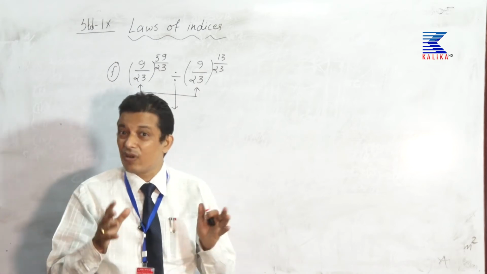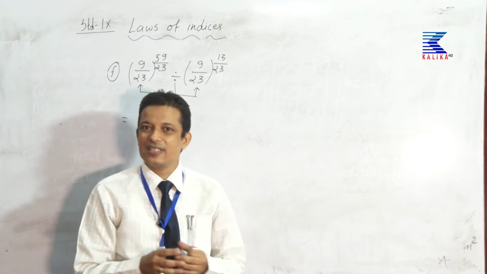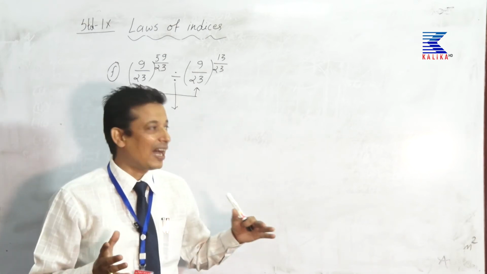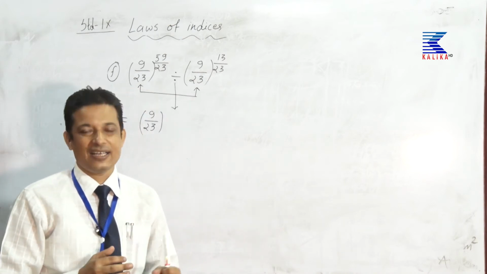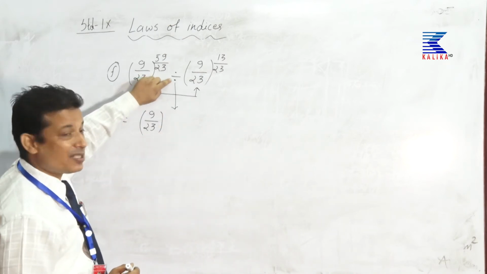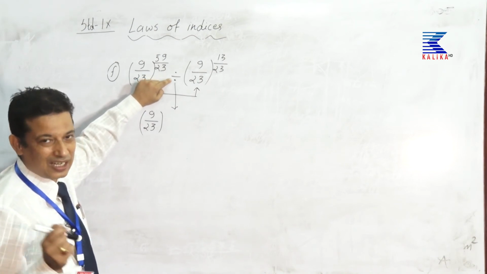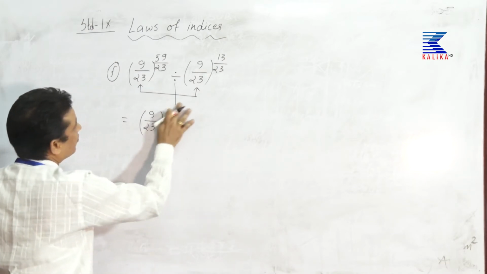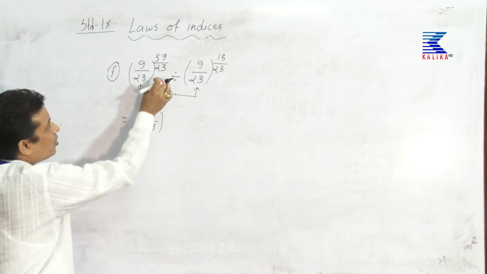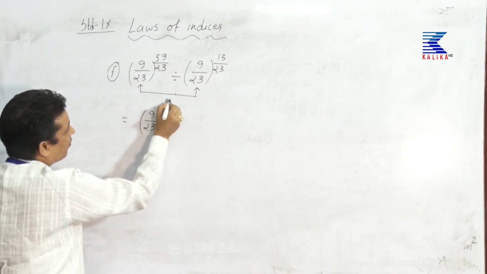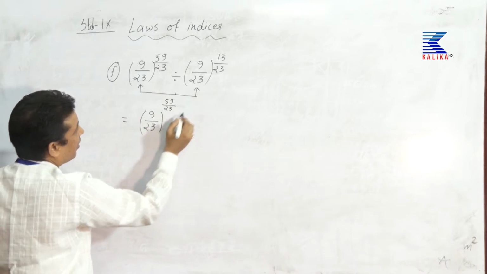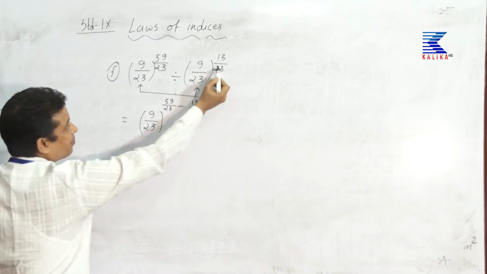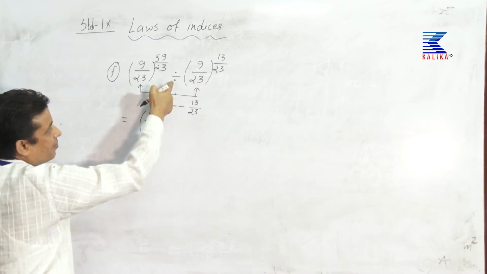As I have been emphasizing, dear students, the laws of indices are used only in two operations, multiplication and division, and here the sign is division. This is why we can use the laws of indices. According to the laws of indices, as this is a division sign, we subtract the powers. This becomes 59/23 minus 13/23. The power is subtracted because the division sign is in the middle.